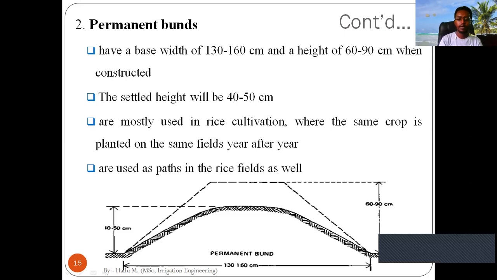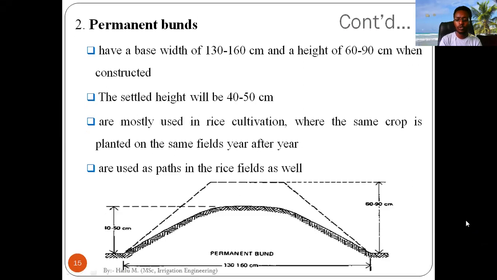And these are used as passes in the rice fields as well. As you see from this figure, the permanent band's size is not similar to that of the temporary bands.